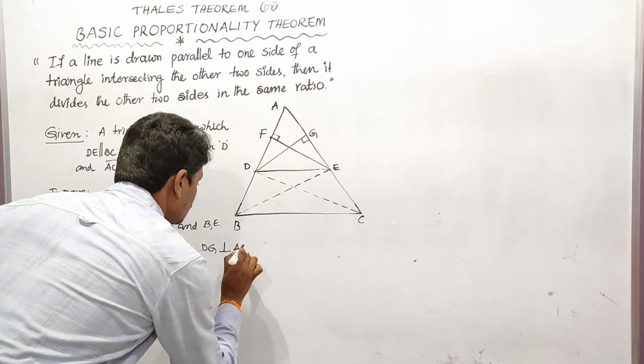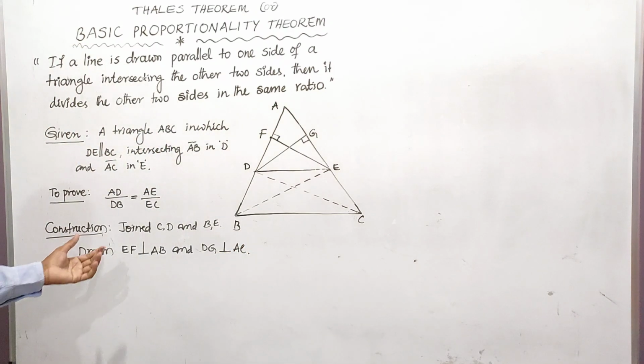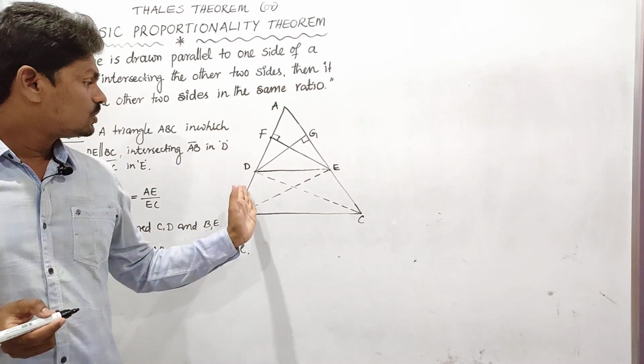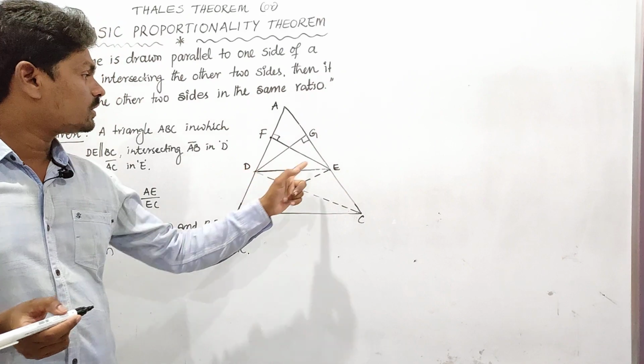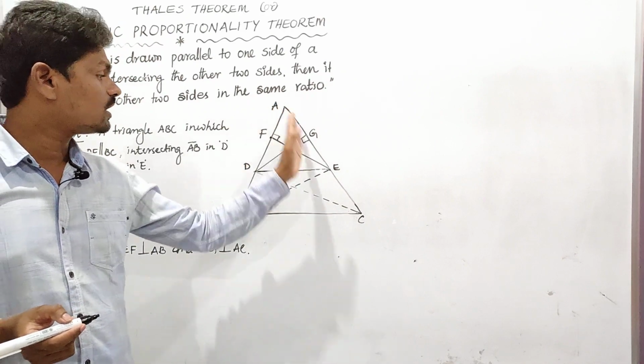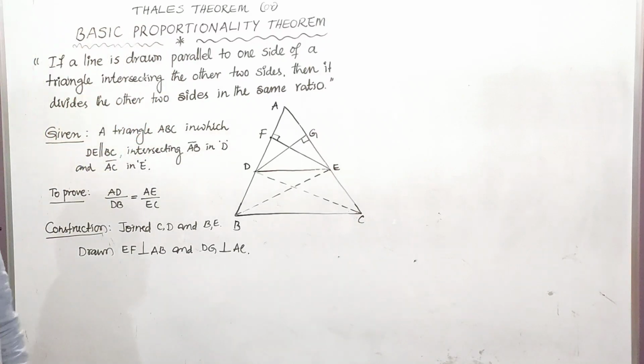So these are our construction, student. Once again: joined B comma E and C comma D, drawn a perpendicular EF onto AB and one more perpendicular DG onto AC.